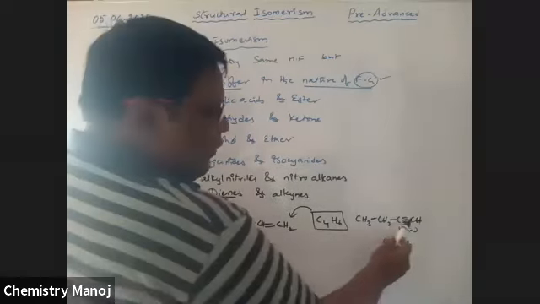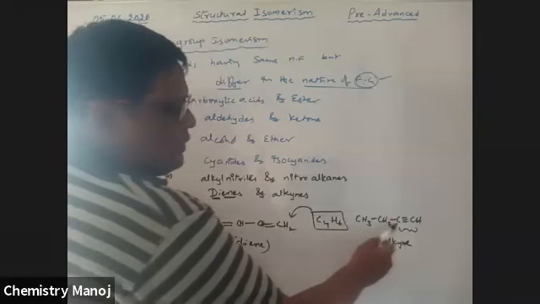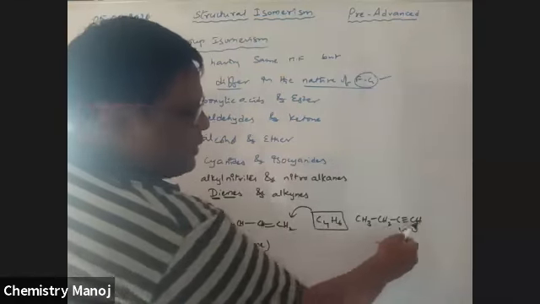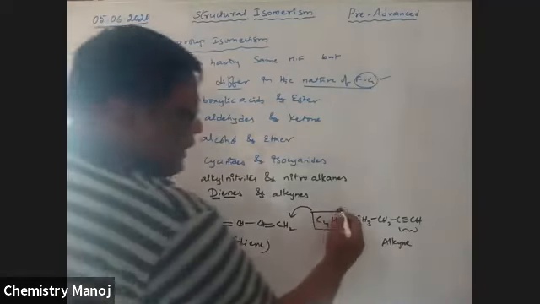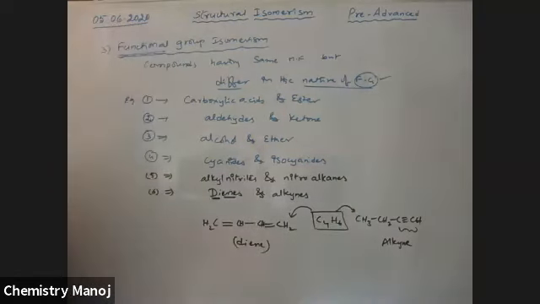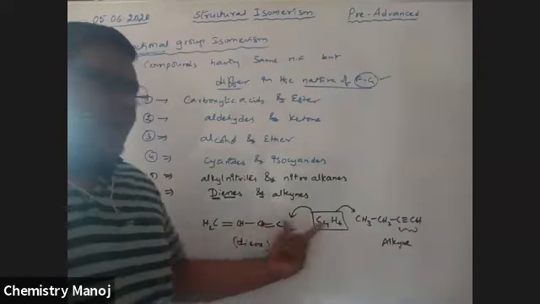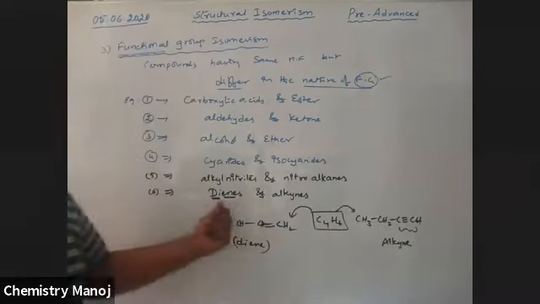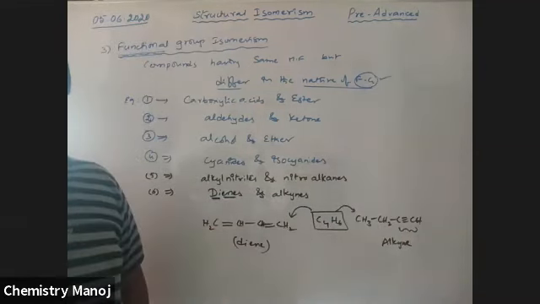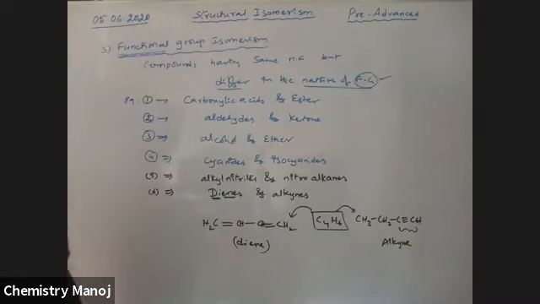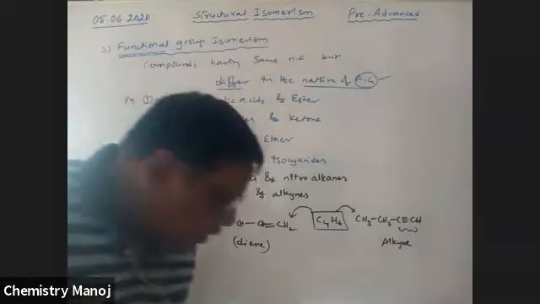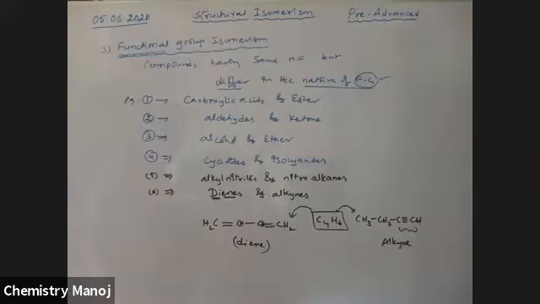That is why 4 carbons, 6 hydrogens, 3 plus 2 plus 1. Same formula, so the molecular formula is the same, but the functional groups are different. Here is diene, here is alkyne. That is why dienes are functional isomers of alkynes. Okay.